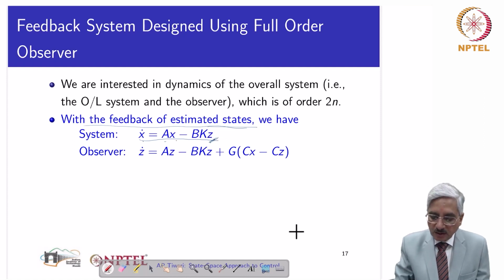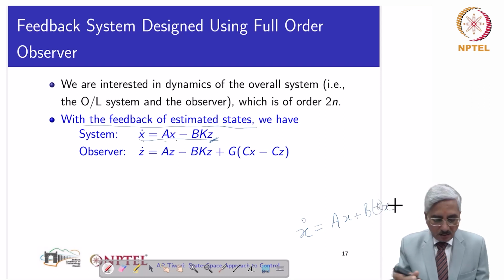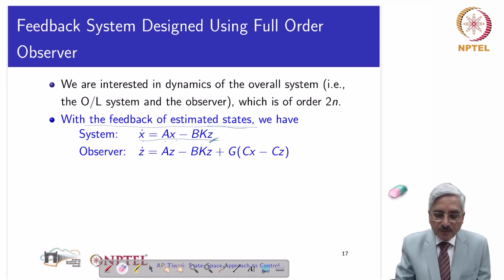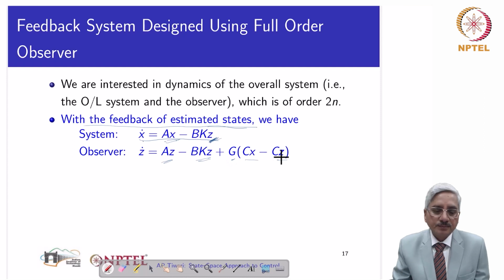That closed loop system with the state feedback was x dot equal to Ax plus Bu, and that becomes B into minus Kx. This is something which was supposed to be, but in place of x, we are using z, so we have x dot equal to Ax minus BKz, and the observer is z dot is Az minus BKz plus G(Cx minus Cz).